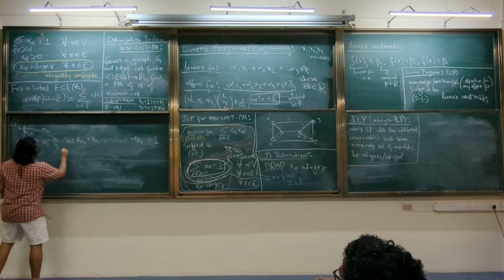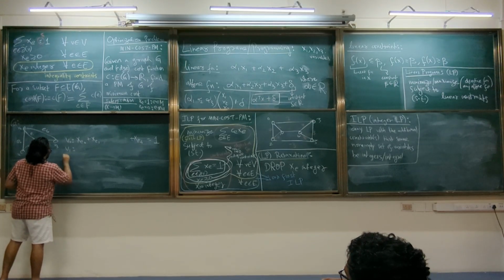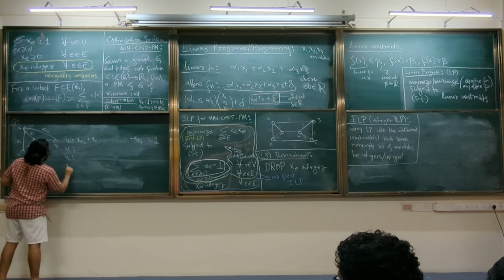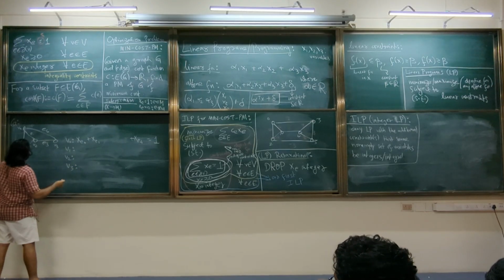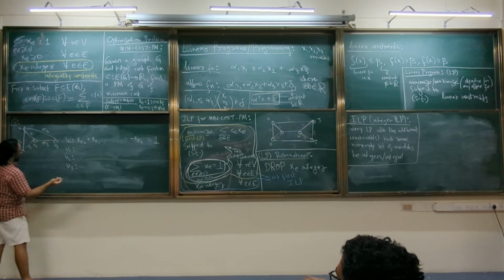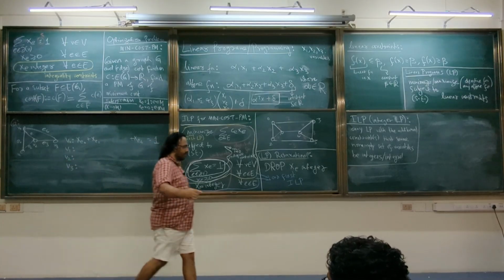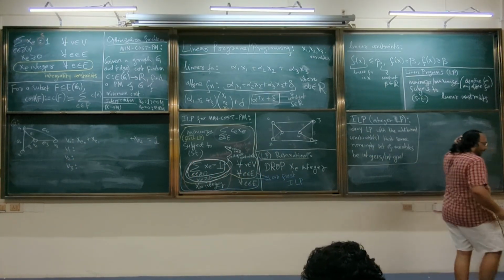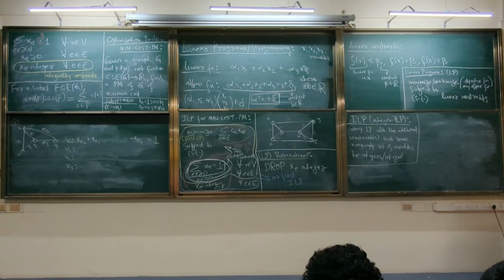Likewise, we have for V1, V2, V3. Can you all write it down? How many vertices? 4 vertices. Here, write down all the constraints for this graph for every vertex.